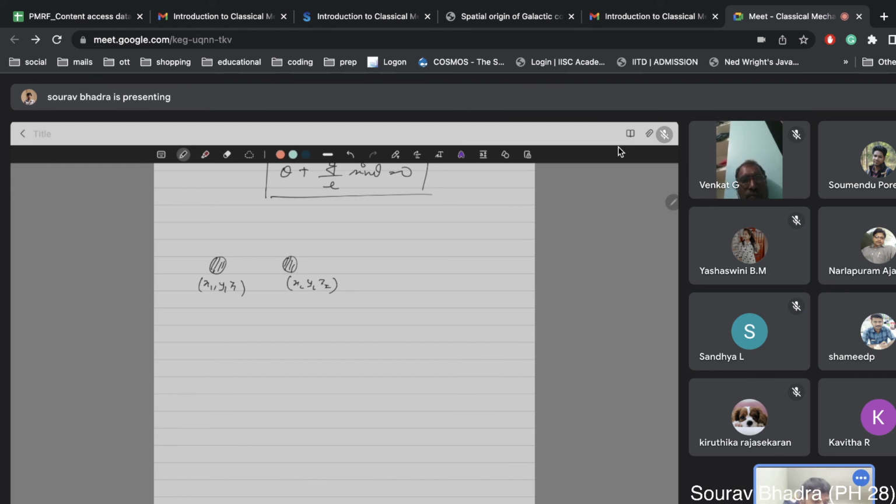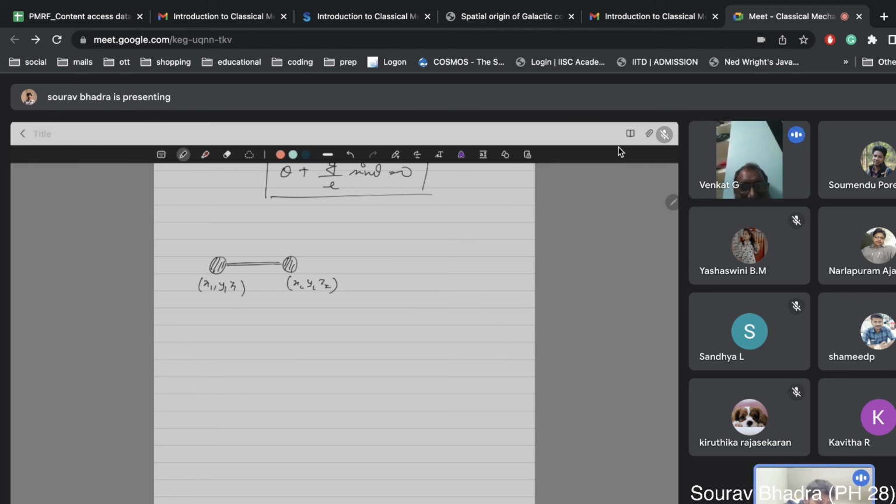But suppose there is some relation, some solid rod type of connection between these two particles, then there will not be 6 independent coordinates.